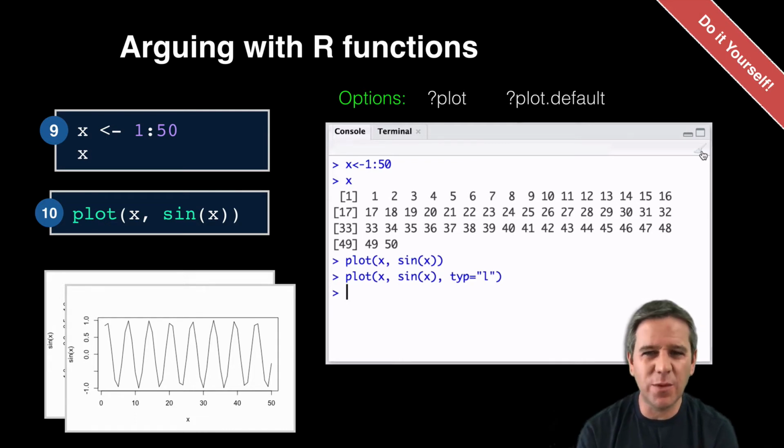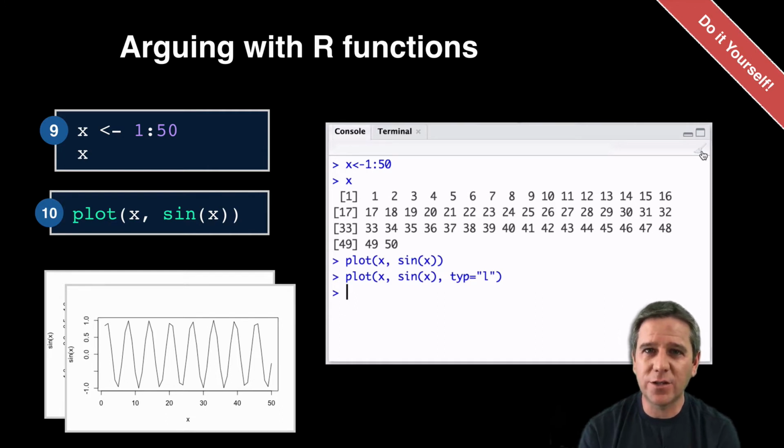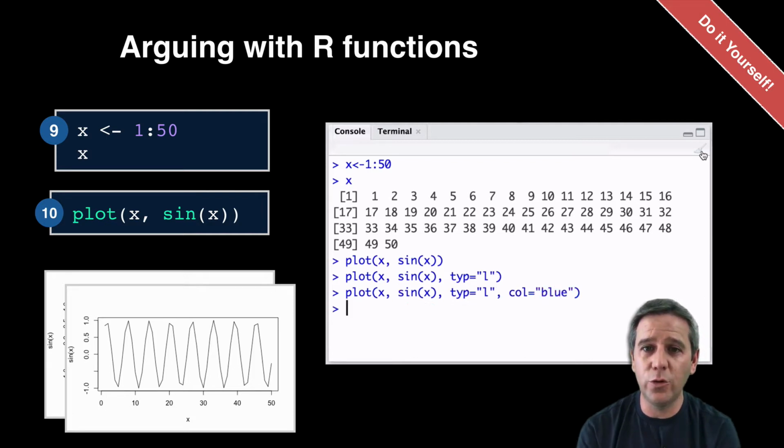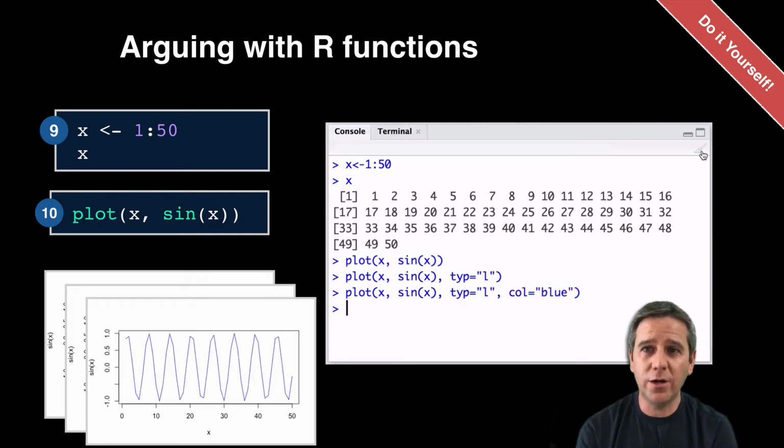Maybe I don't like the colors. I'm going to change and argue with it again. I'm going to re-execute this by pushing the up arrow to recall my last command here. And then I'm going to delete back and add another argument. So comma, the next argument, col equals blue inside quotes, push return, and I get a blue plot in this case.